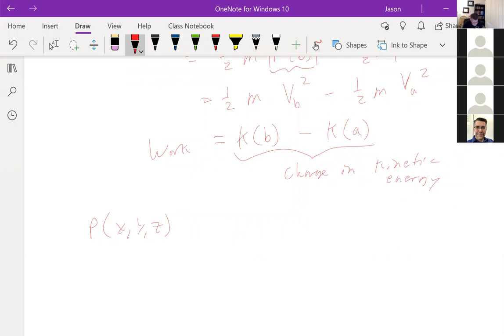Okay, and I'm going to say that that is equal to the negative of some function, x, y, z. I'm going to negate it. I'm going to say that the position is opposite some sort of force field, like maybe gravity, right?